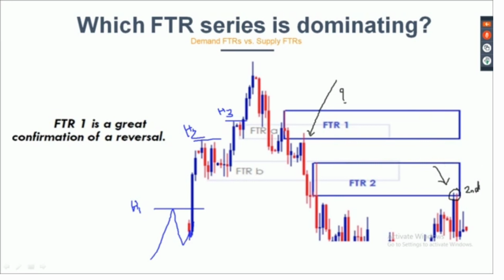H3 failed. In fact, H2 zoom, H3 didn't fail actually. See, it gave an entry here. It almost gave 1:3. That FTR also worked.